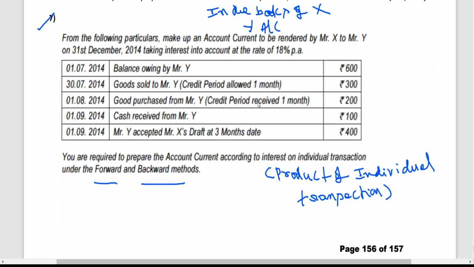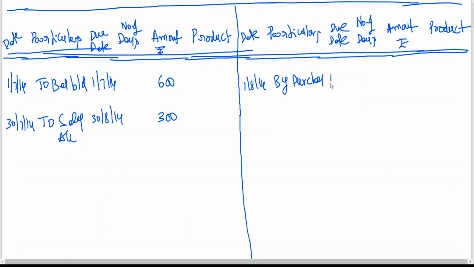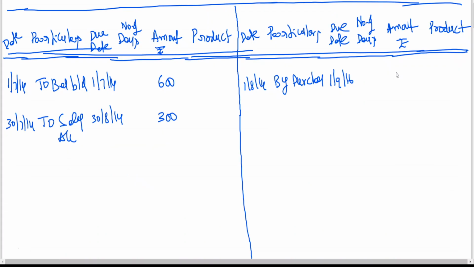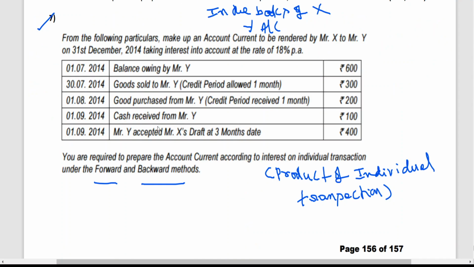Due date, he says 1 month, which comes to 1st September 16. Amount is 200 rupees. Then come back to the next one. Cash received from Y. Entry cash account at R to Y. Y cash, 1st September, for 100 rupees.